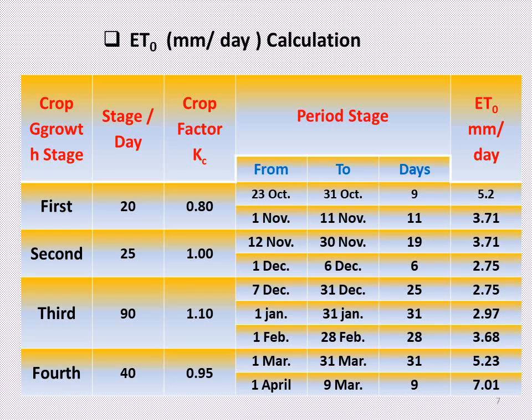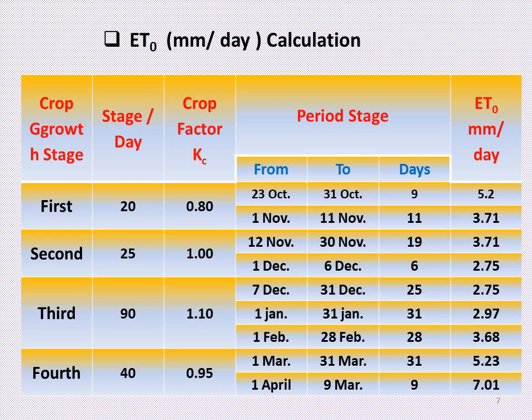ETo varies according to the climatic data and climatic conditions. It varies according to the days and months. For example, the first growth stage has 2 values of ETo.